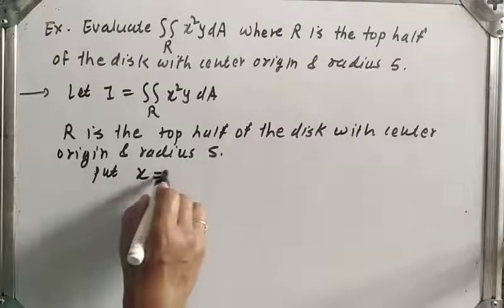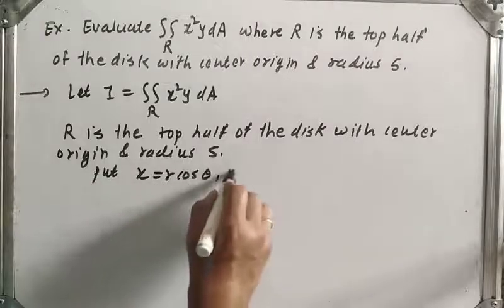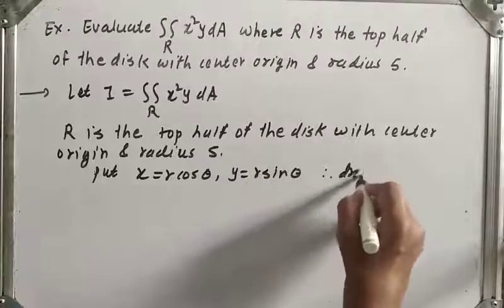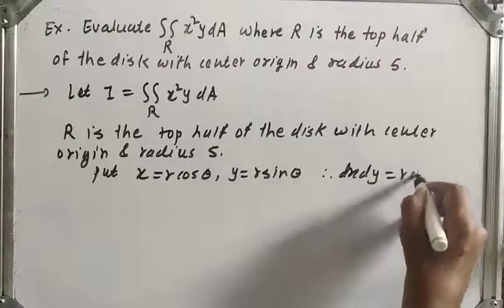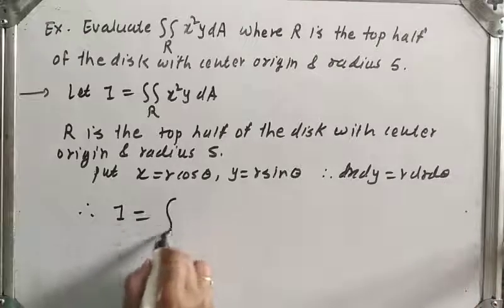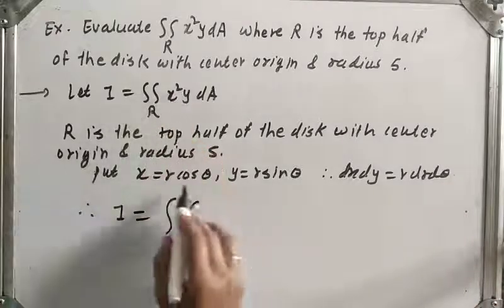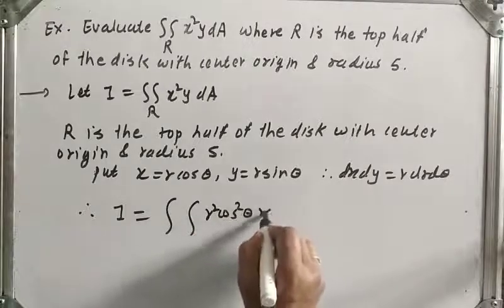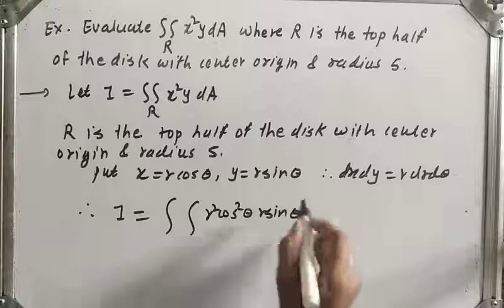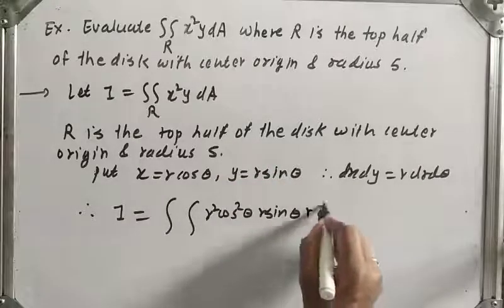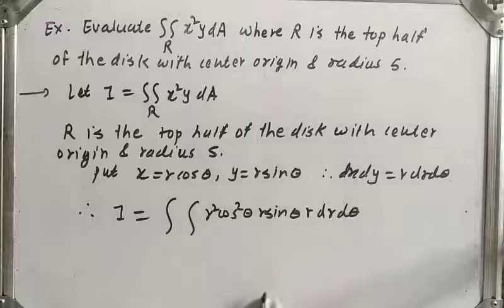What we will do next? Put x is equal to r cos theta, y is equal to r sin theta. Therefore, dx dy will be r dr d theta. Therefore, I will be double integration x square. x is r cos theta, so r square cos square theta. y is r sin theta. Then dA is r dr d theta.